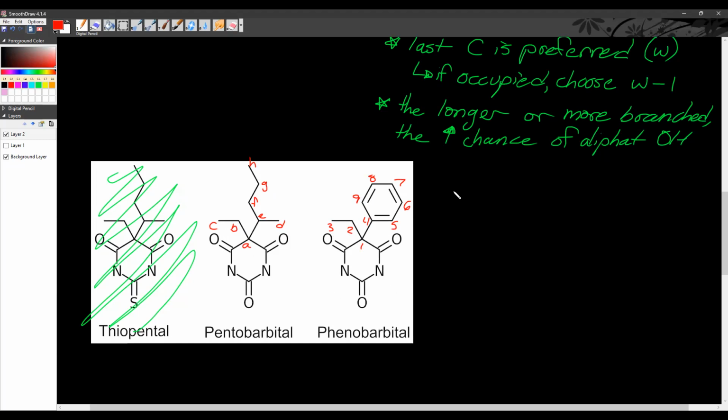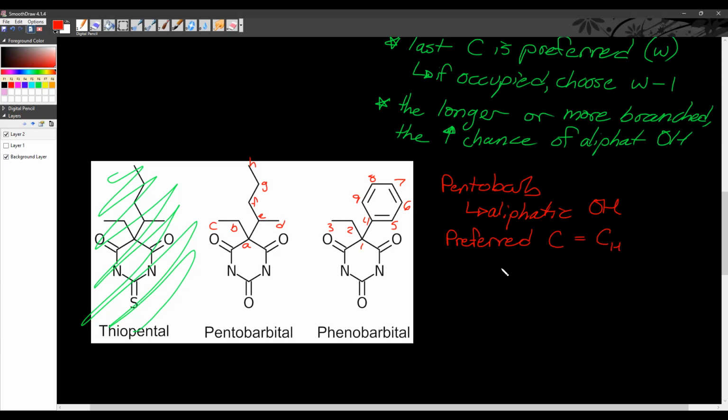Exactly. Pentobarbital would go through aliphatic hydroxylation. What carbon would we expect the OH to appear on? Yeah, carbon H. Why? Because it is at the end of the chain and it's the longest possible chain.